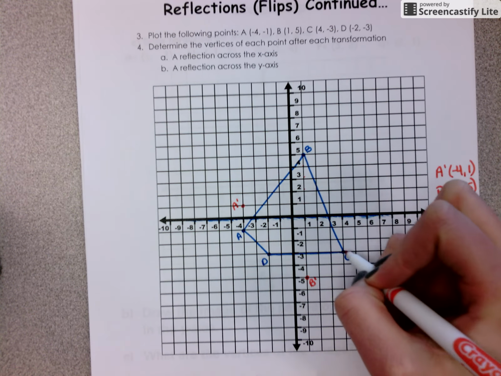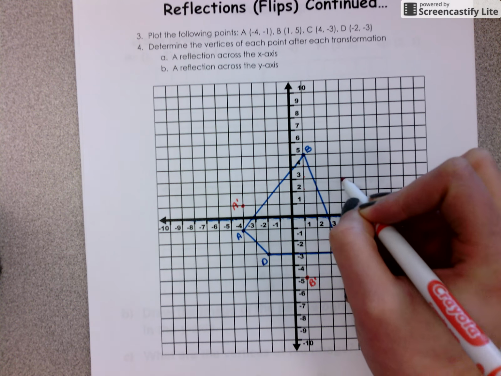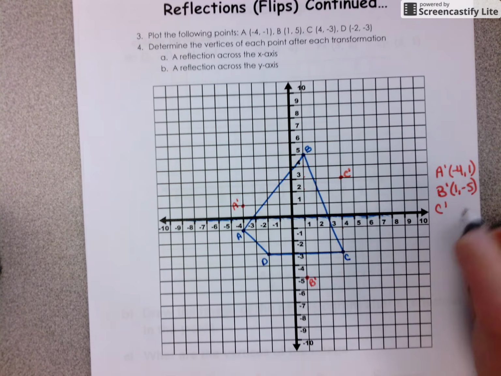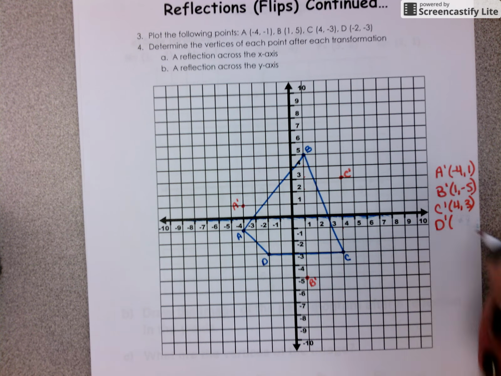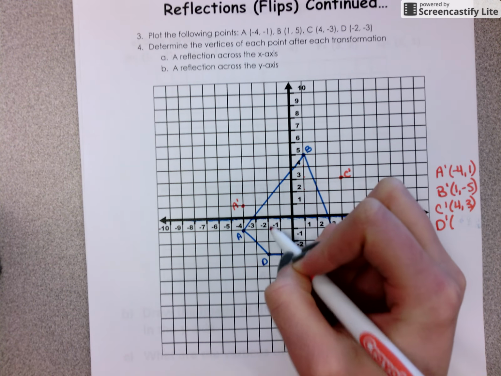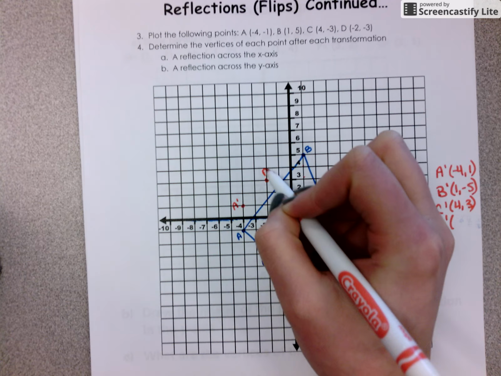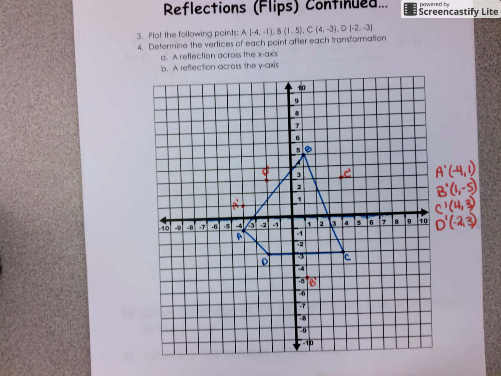C prime I will do next. So we have 1, 2, 3 away. So 1, 2, 3 above, which makes it 4 and 3. And then D prime is 1, 2, 3 away. So 1, 2, 3 above. So making it negative 2 and 3.